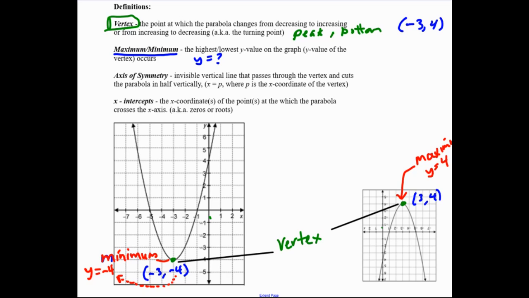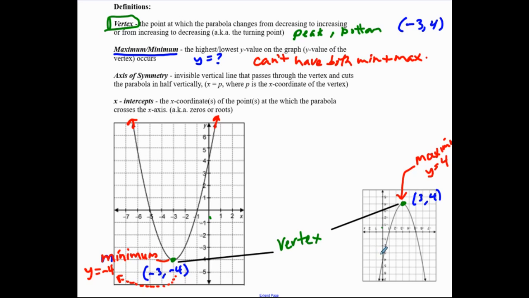Notice, a parabola is very important, it cannot have both a min and a max. In an upward opening parabola, it has a minimum, but these lines up here go on forever into space, so there is no max.